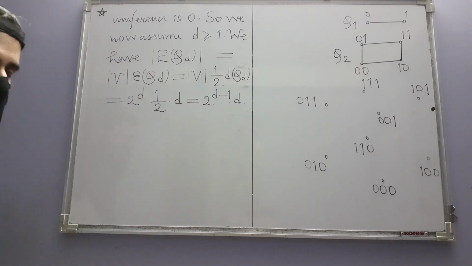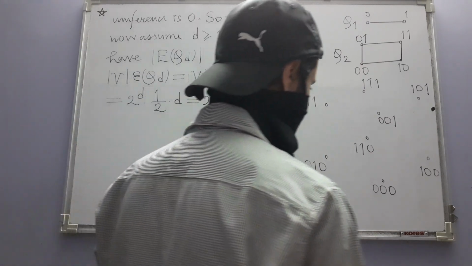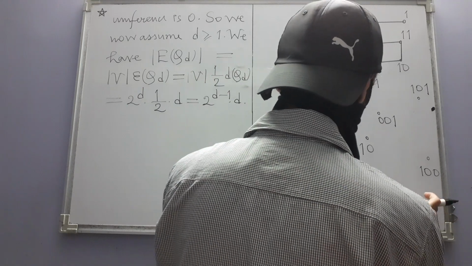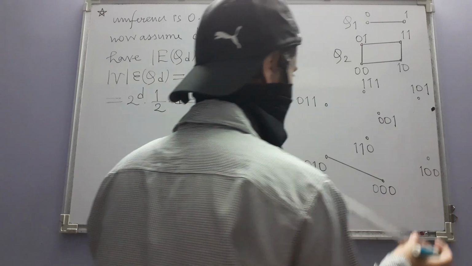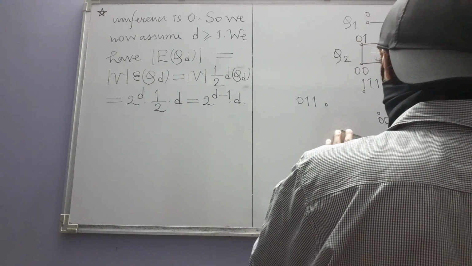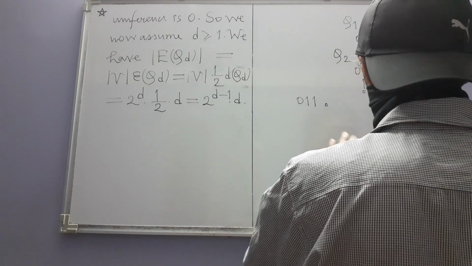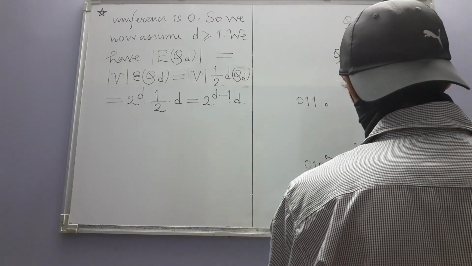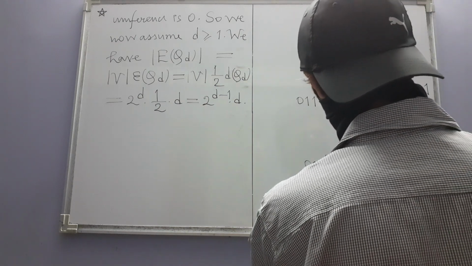Okay, now we are going to apply that rule for adjacency and draw the edges. We draw only edges between those vertices where the strings differ in only one position.